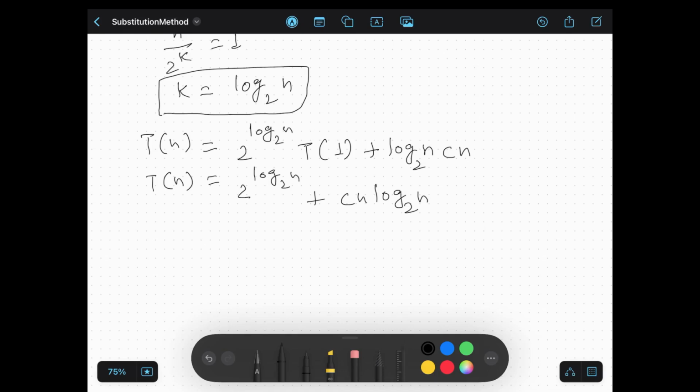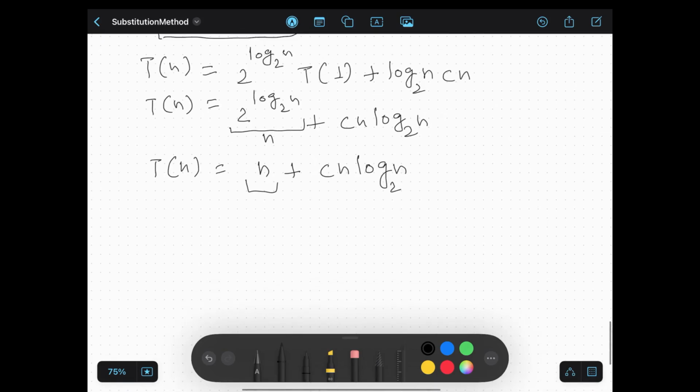So what can we do? We can say this is n, so n plus cn log n, and we know that we can eliminate the smaller values because they do not add up to the time complexity.